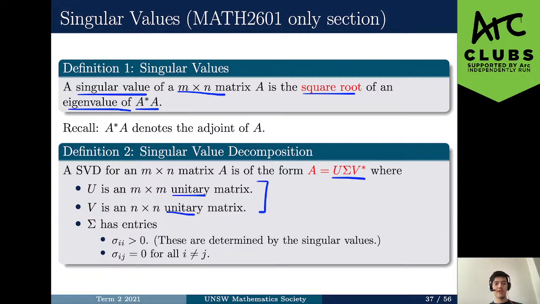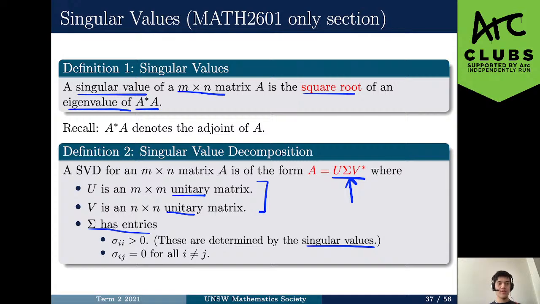So it's a generalization of orthogonal matrices to complex matrices. We have U and V, and then sigma has entries which are the singular values. Just now we said the singular values are calculated from A star A, and those singular values are what this sigma is.